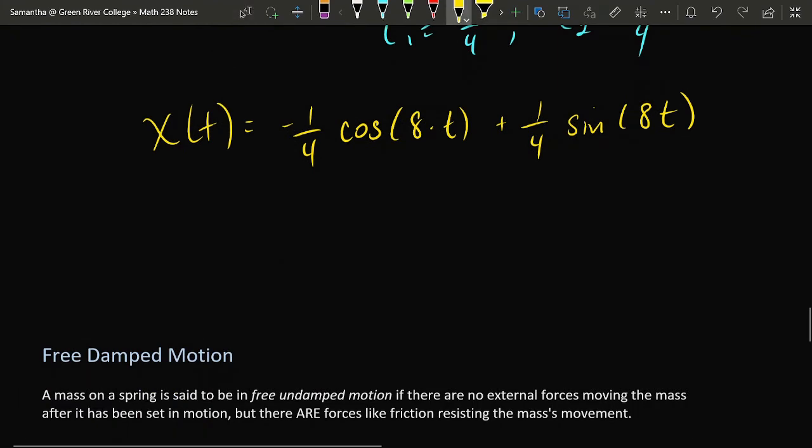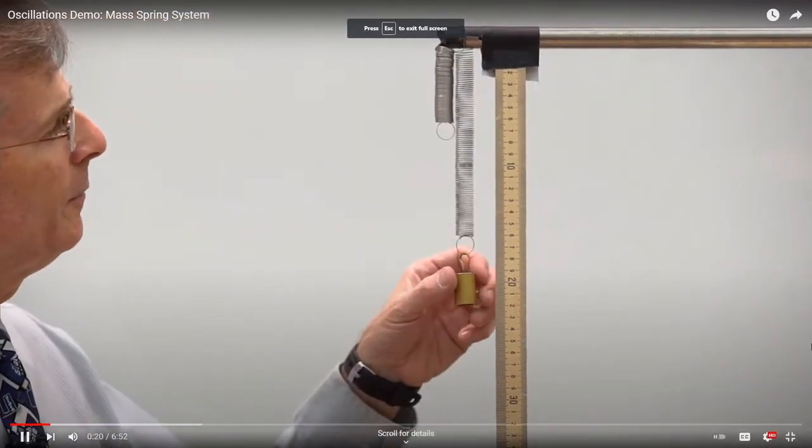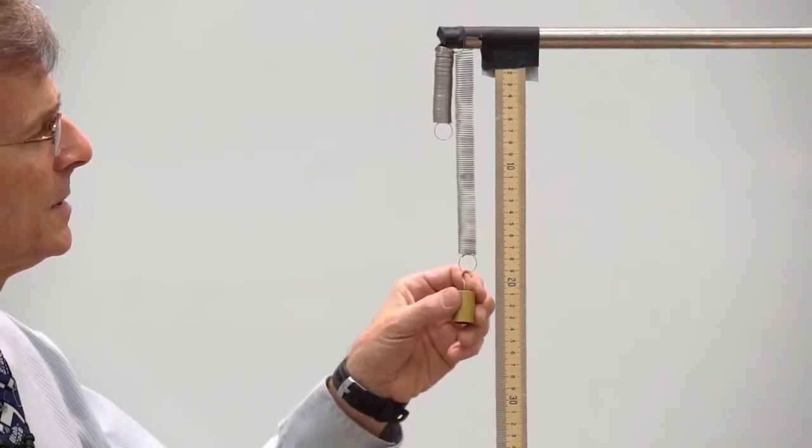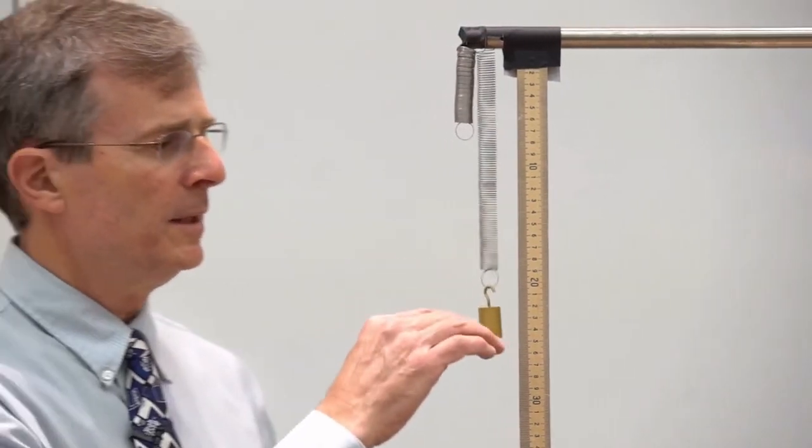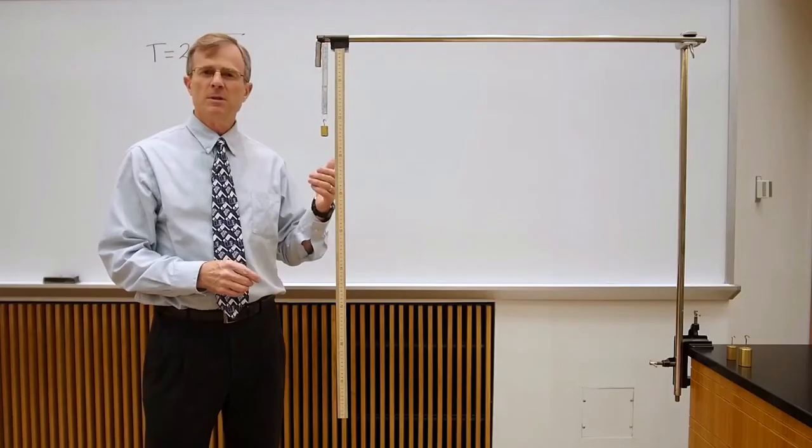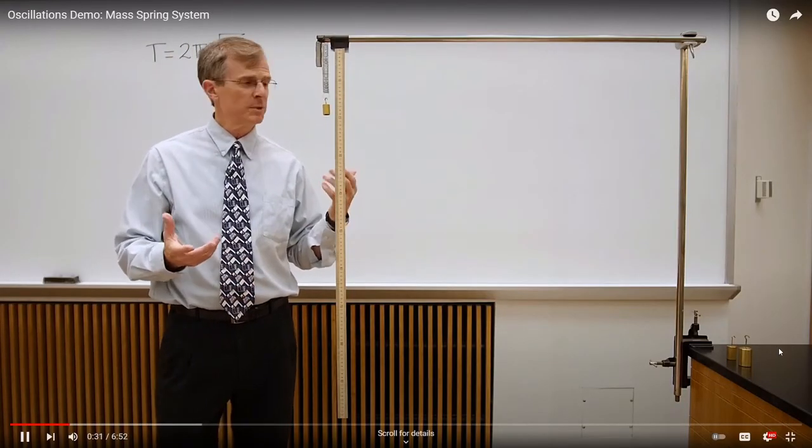If we attach an object to a spring and we pull the object down and then release it, the object is going to bob up and down, up and down. The period of the motion is the time required for one oscillation. Boom, boom, boom. So it's the time between booms.